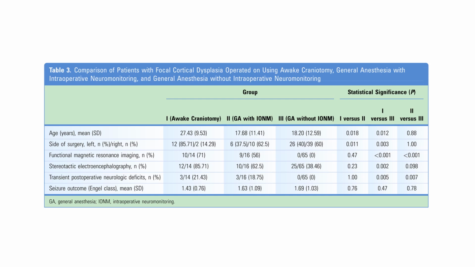And this difference is due to functional mapping. And something very important is that seizure outcome measured by the Engel class has no statistically significant difference between the three groups. It's even smallest in awake craniotomy. Of course, those differences are highly insignificant.